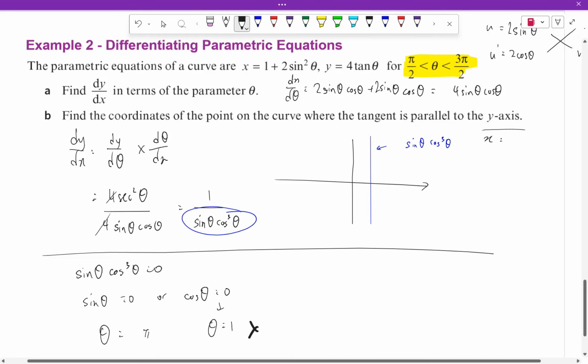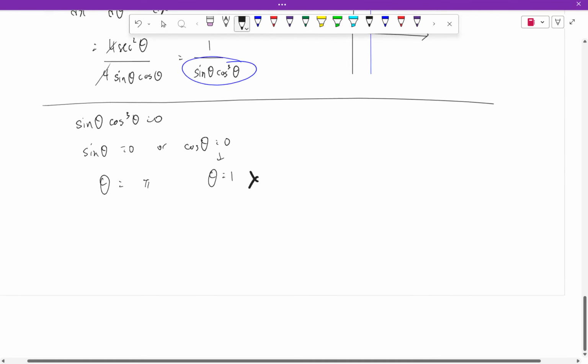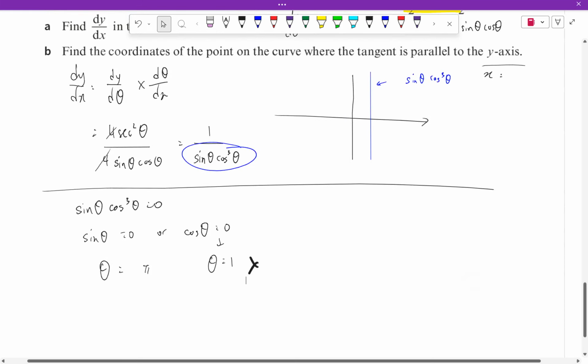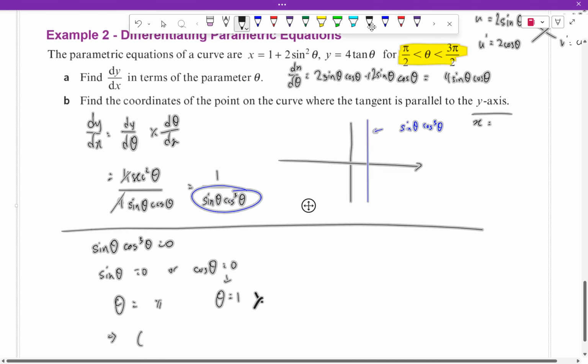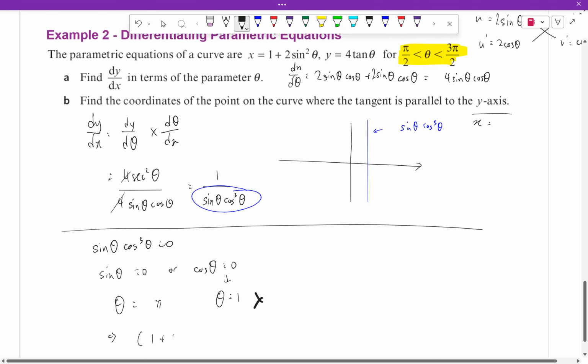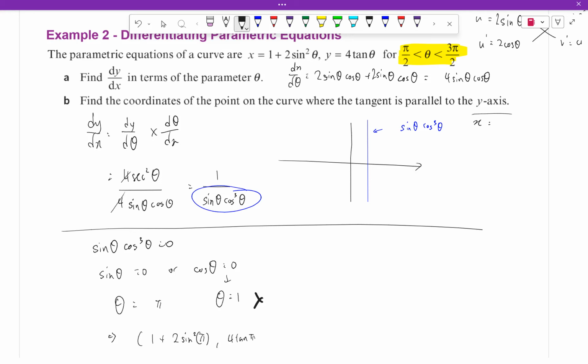Hence we only need theta equals pi, and the final answer would be the coordinates 1 plus 2 sine square pi, and tan pi. So the final answer would be 1 plus 0 and 0, which is 1, 0.